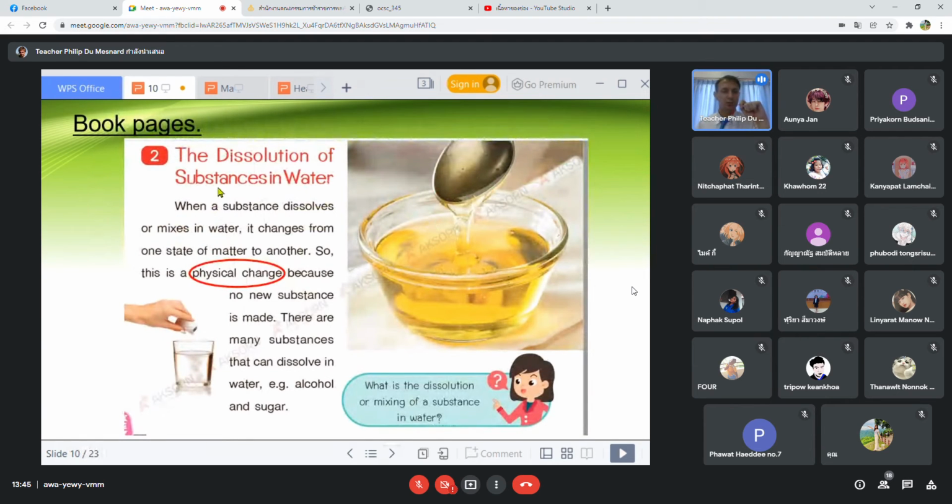Okay, this page just says that something that is dissolved, actually it is a physical change. The class, if you remember, a physical change, it means that you can change it back. Like if you have salt in the water and you evaporate the water, you can have the salt back. But a chemical change, you cannot change it back.